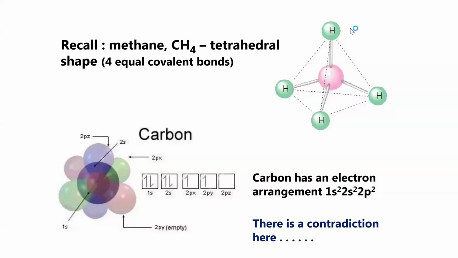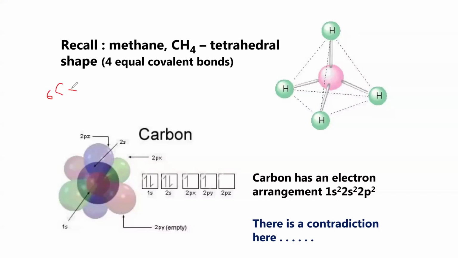We should recall that methane is CH4, which is tetrahedral in shape with 4 equal covalent bonds. But if we look at this carbon, it has 1s2, then 2s2. Of course, from our basic knowledge of the electronic configuration of an element, this is carbon, and the atomic number of carbon is 6.